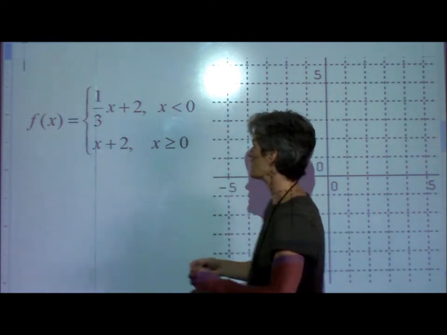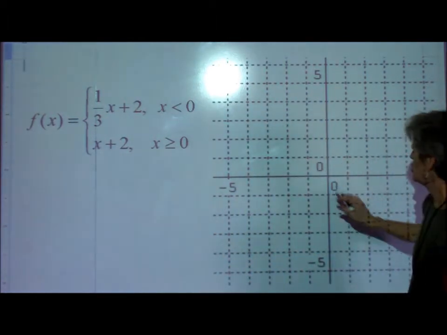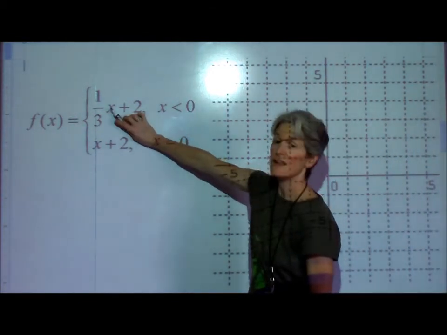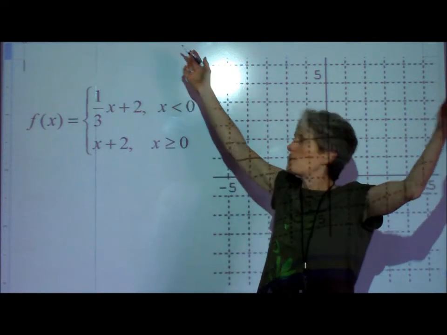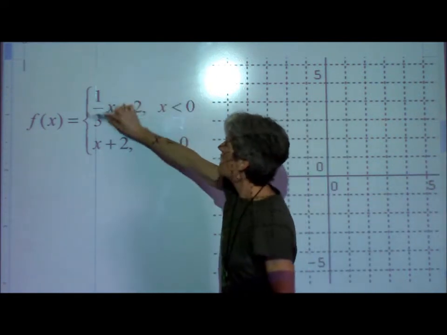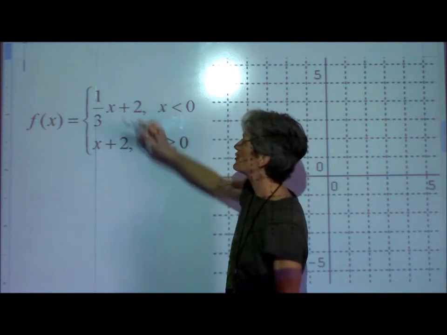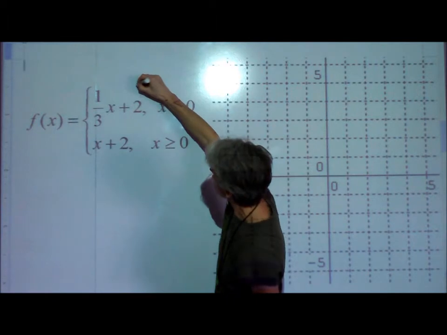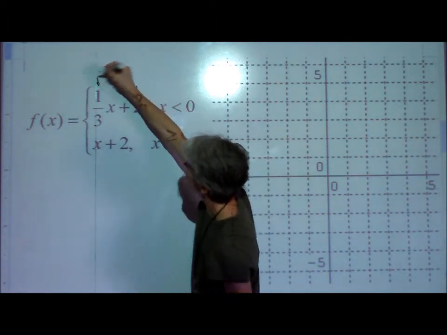So let's see how this is going to work. Down here, where my x's are negative, I'm going to be following this line. If you want, we can just plug in x's, or we can use our knowledge of how to graph functions. That's a linear function, so I'm just going to graph that knowing that this is my y-intercept and this is my slope.